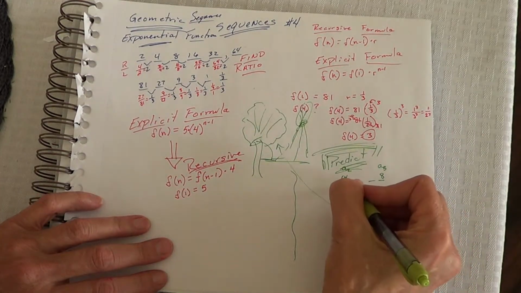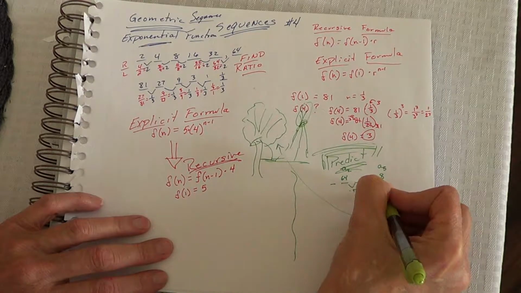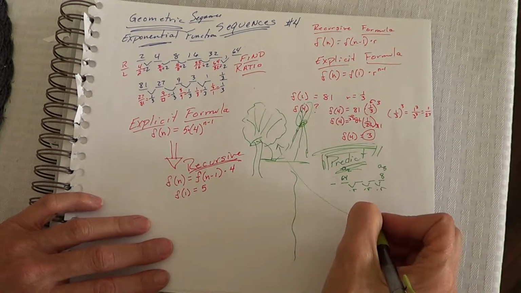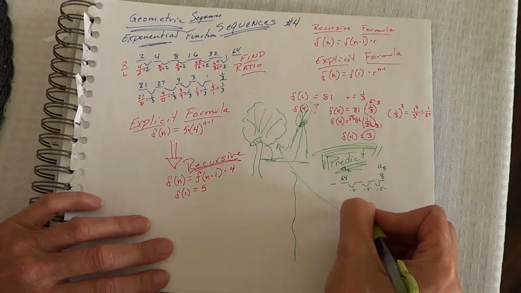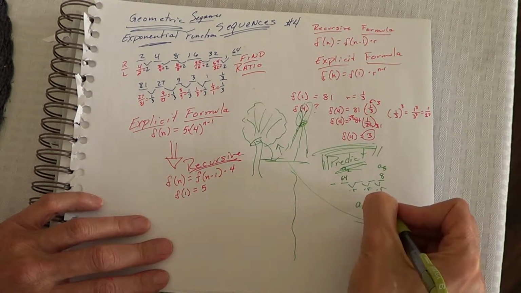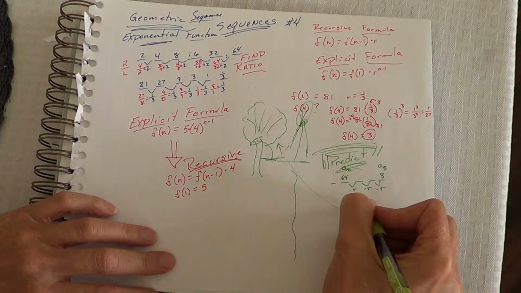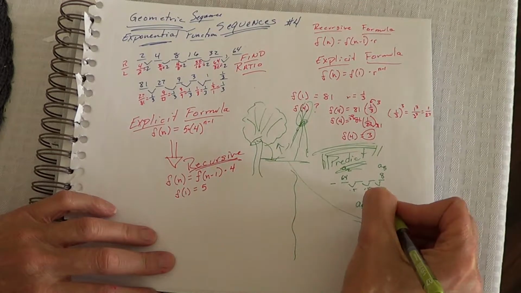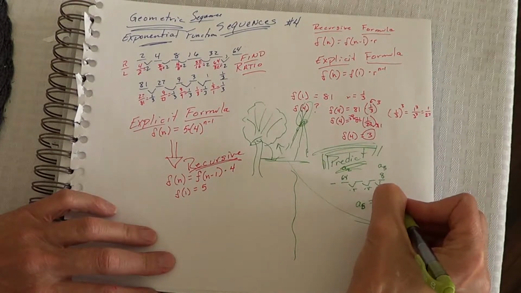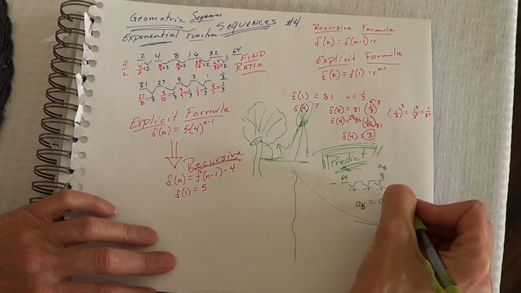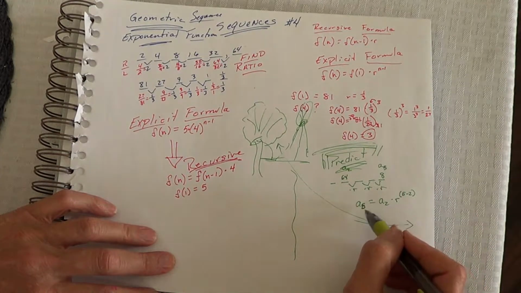I think it through and I know, okay, this is times R, this is times R, this is times R. And I can sort of make up an explicit formula, not really explicit because I'm not starting with the first one, but I just take A2 equals, actually it wouldn't be A2, it would be A5 is equal to A2, because I'm getting to that sequence, times my R value, times 5 minus 2. Remember, we always get this from these two.